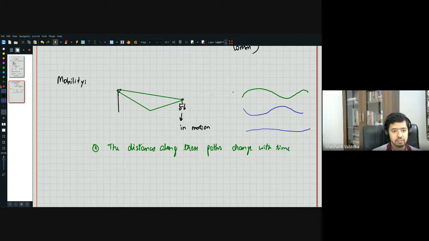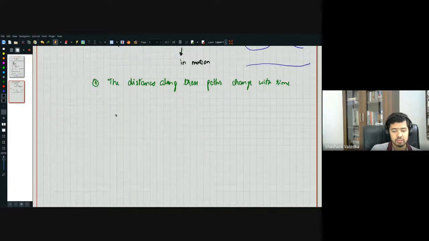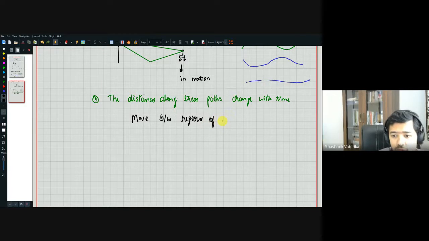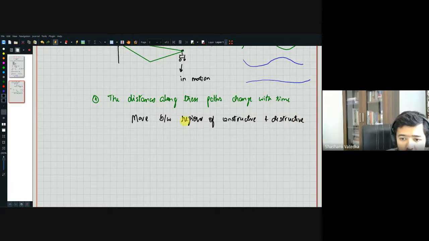And as a result, you move between regions of constructive and destructive interference.